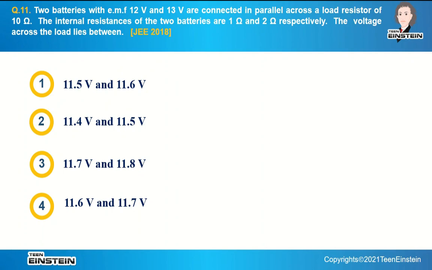Two batteries with EMF 12 volt and 13 volt are connected in parallel across a load resistance of 10 ohm. The internal resistances of the two batteries are 1 ohm and 2 ohms respectively. The voltage across the load lies between. So we want to calculate the voltage across the load. First we will draw the circuit diagram as per the question.